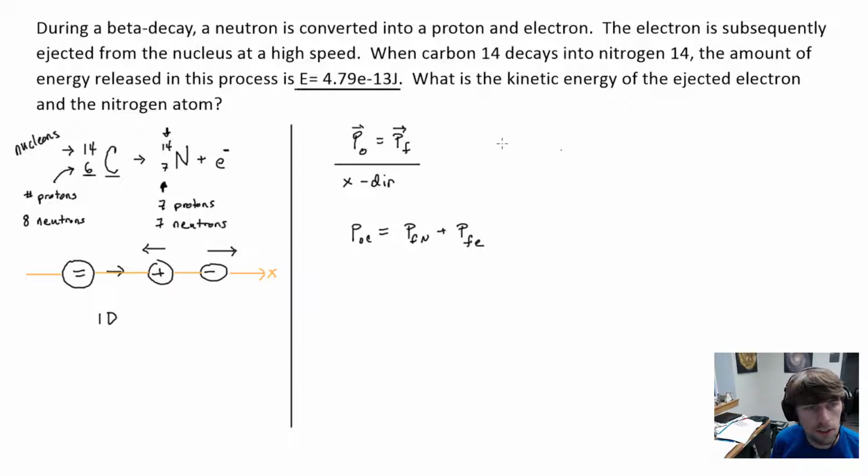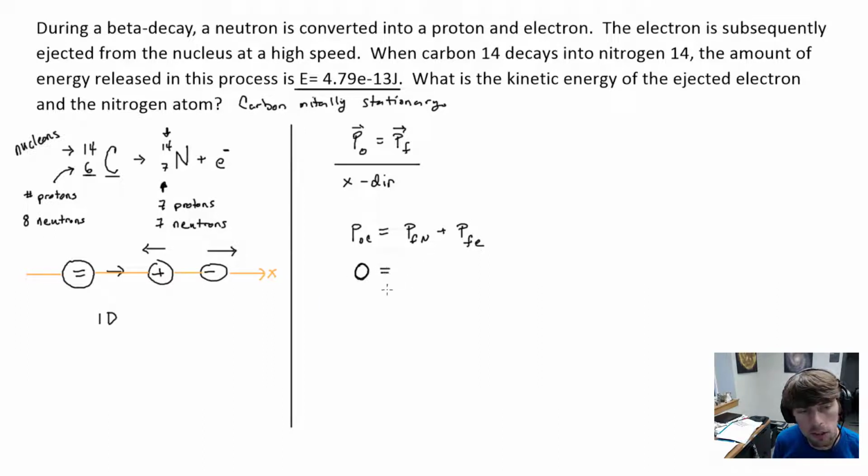Of course, the nice thing is, in the initial problem, carbon is initially stationary. In other words, that carbon's just sitting there. And so over here, we'll just substitute in 0. If it's stationary, that means it's not moving. That means the momentum must be equal to 0.